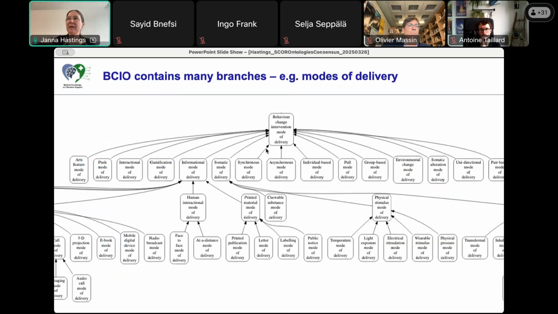So the behavior change intervention ontology contains many different branches to describe different aspects of interventions at that level of detail, including modes of delivery, which means how was an intervention delivered. Could be delivered by a person or by an app or by a leaflet and so on.